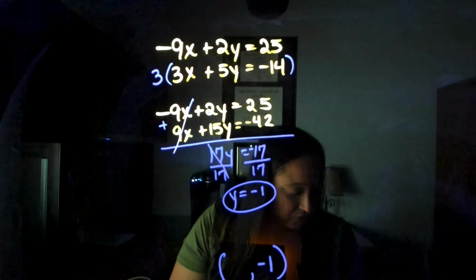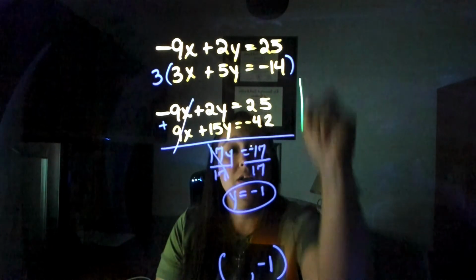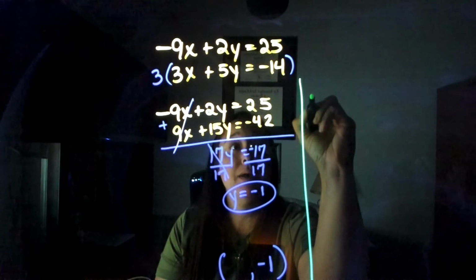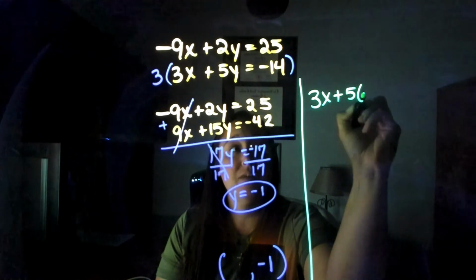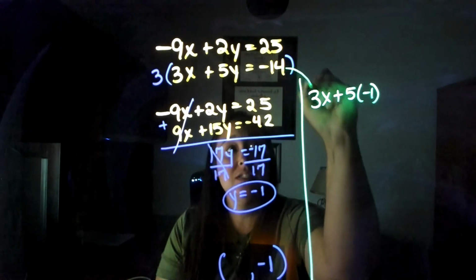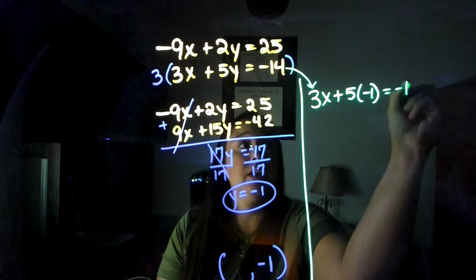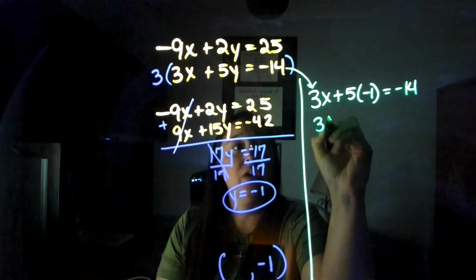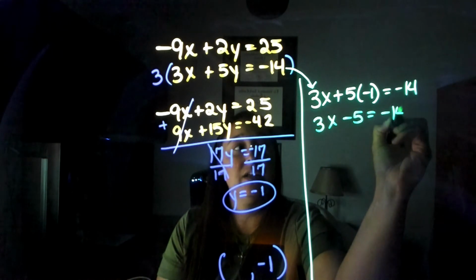Let me use a different color. Let's try the green. So I can do 3 times x plus 5 times that negative 1, using the original equation, is equal to negative 14. So 3x minus 5 is equal to negative 14.